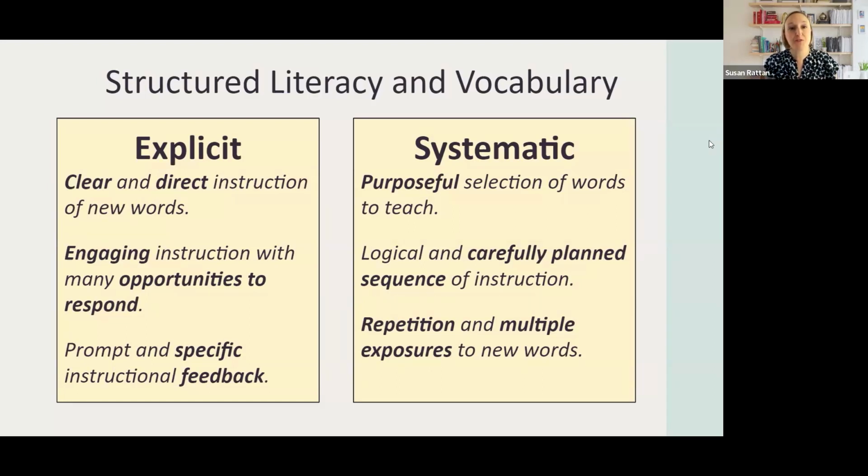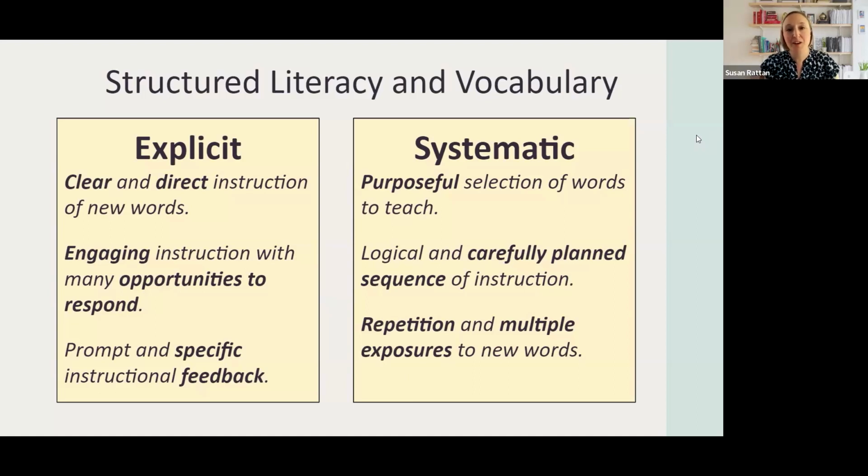We also want to provide engaging instruction with a lot of opportunities for students to respond, and then provide immediate specific feedback to those students based on their responses. And that really helps them to go away from the lesson with accurate information, and we're able to see where our students are by getting that active participation.